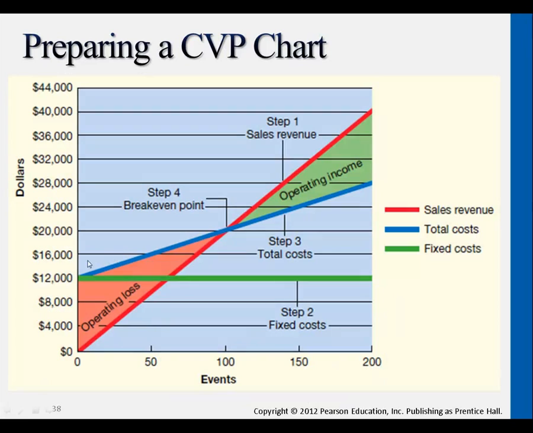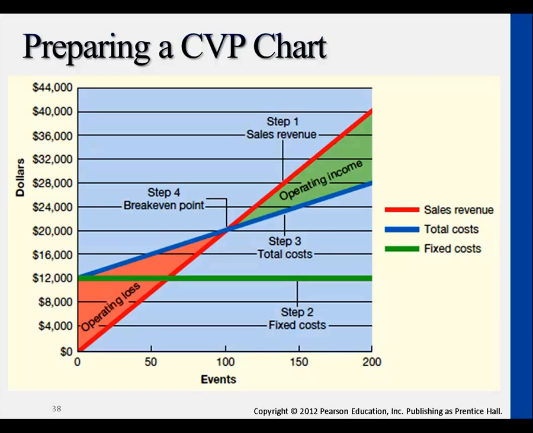Let me show you. So let's look first here before we go back. My 16,000 plus 12,000 is 28. So let's go back to 28. Somewhere here, right? So what are we going to do next? We're going to do 200, right?